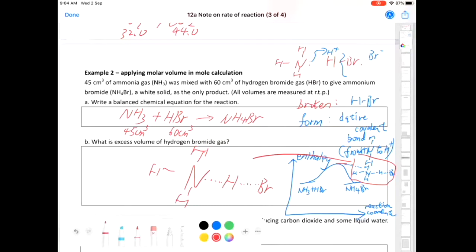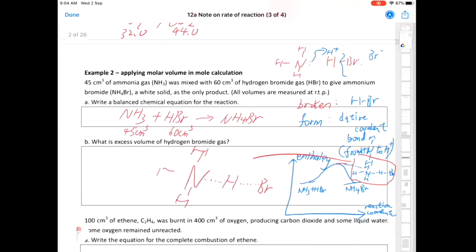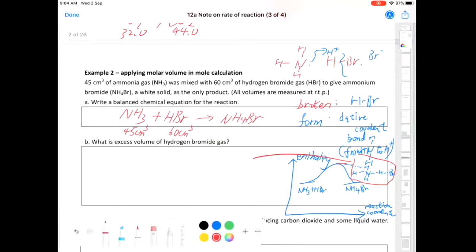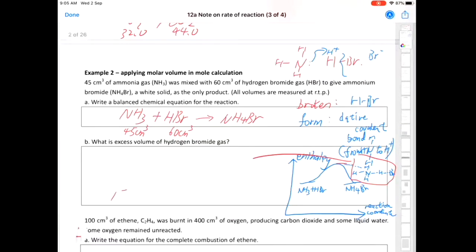So okay, go back to this question: how to deal with the mole calculation in this question. Maybe I'll write down the answer for you first. And I can actually skip so many steps in the mole calculation to obtain this answer. Do you know why?